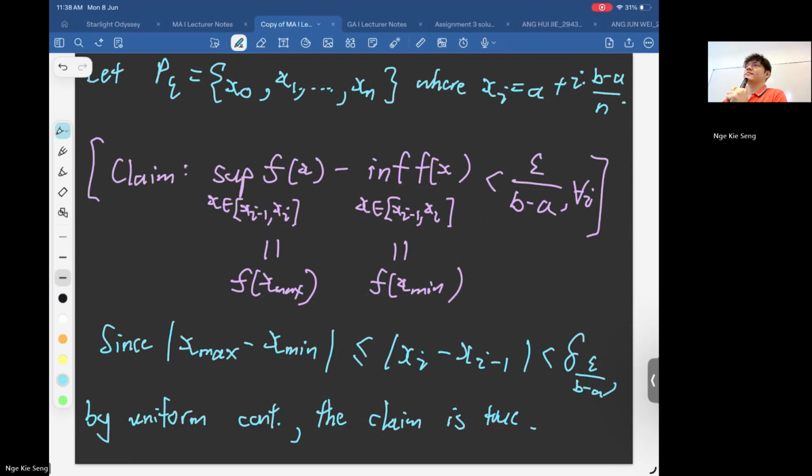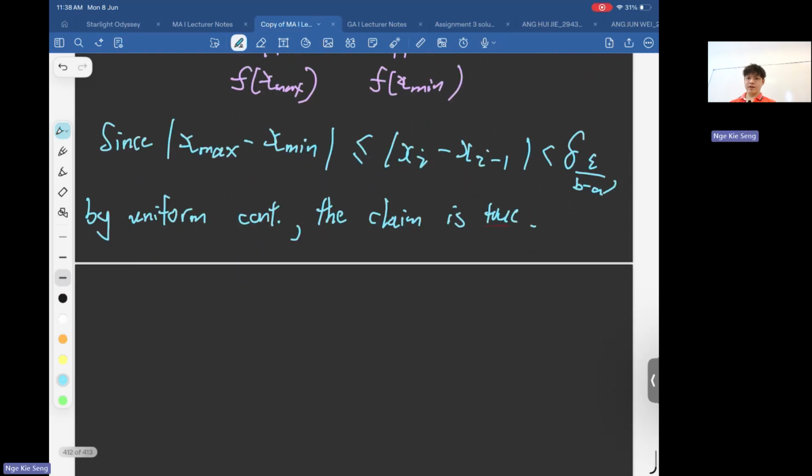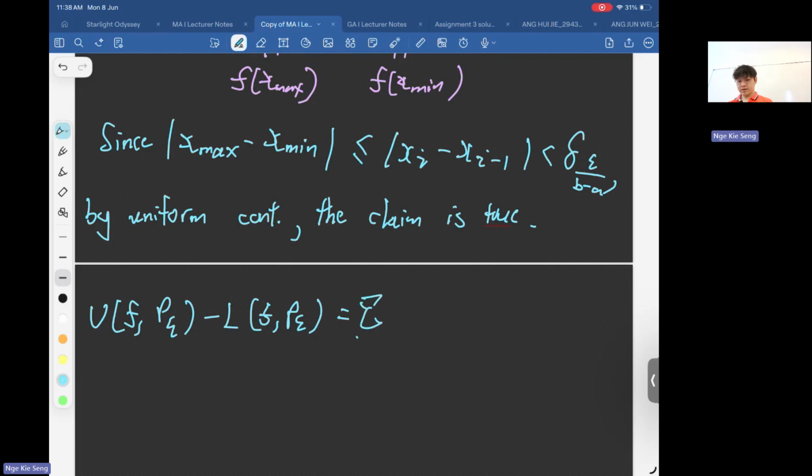Any question? Okay. In the end we need to show, for P epsilon, this calculation. Can I replace my sup with capital M_i and the inf with small m_i, some other notation that is easier to write?